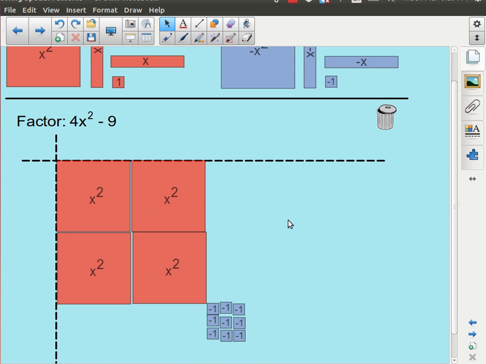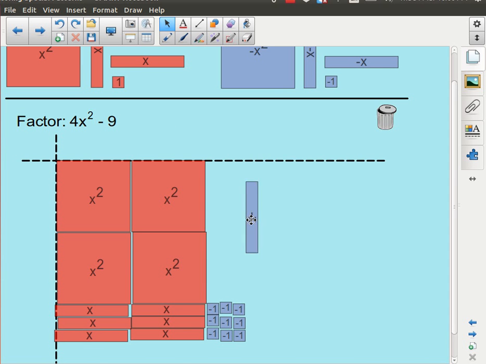Okay, so that being the case, what can I fit in here? Now this -1 means that these tiles are going to have to be a different color than these tiles. So I'll put pluses here, and I will put negatives on the vertical.